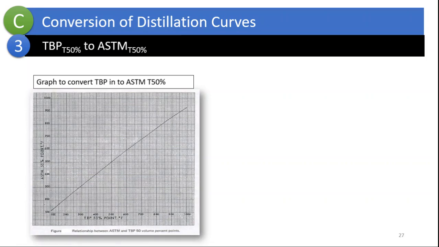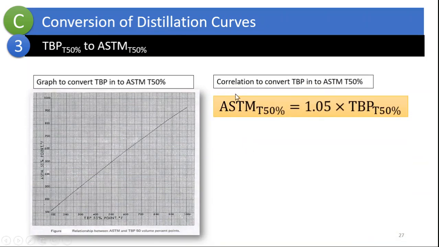The most important thing here is to look at the temperature units; don't ignore them. With the help of the graph you can convert, or you can use the correlation, which is very simple: 1.05 multiplied by the TBP T50 gives the value of ASTM T50. So this is the third step, how to convert the TBP T50 to ASTM T50.